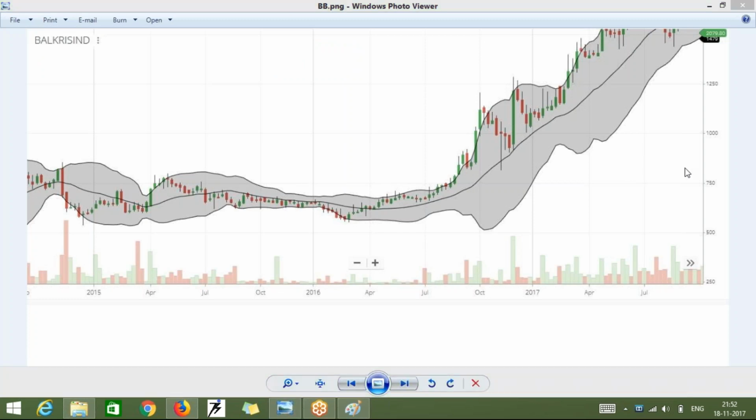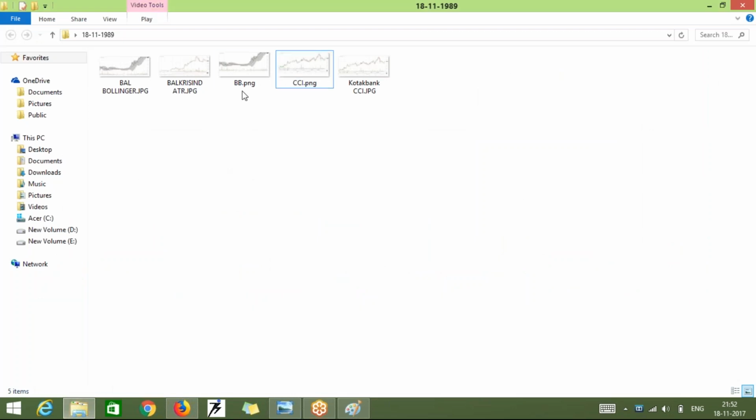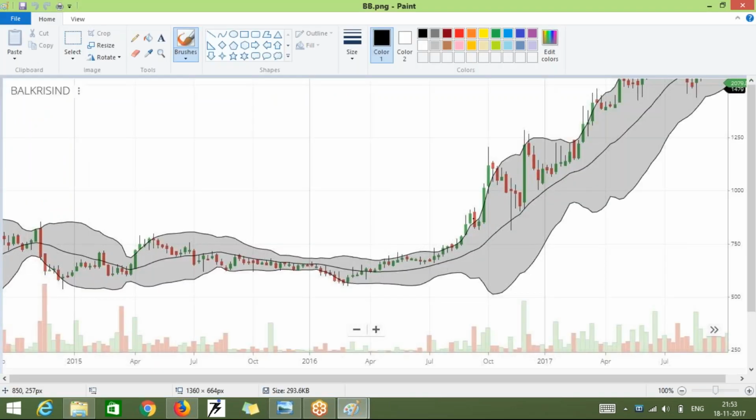It's not that Bollinger Band alone can give you trading signals, but Bollinger Band with chart patterns is very effective. Yes, default setting is advisable. Okay, now Bollinger Band. Please focus on this range.